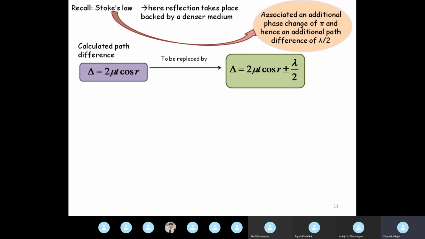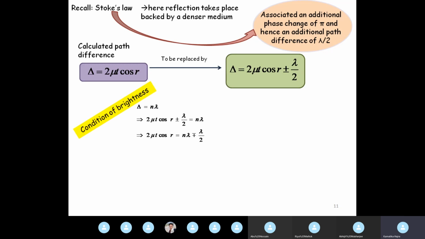We said an additional phase change, so there may be a phase change in the positive or the negative direction. It may be 180 degree ahead, it may be 180 degree behind, and therefore lambda by 2 may be positive or negative. So we have to take into consideration both the cases, and we write the final path difference between the interfering rays is 2 mu t cos r plus or minus lambda by 2.